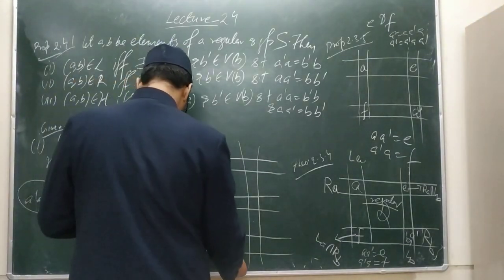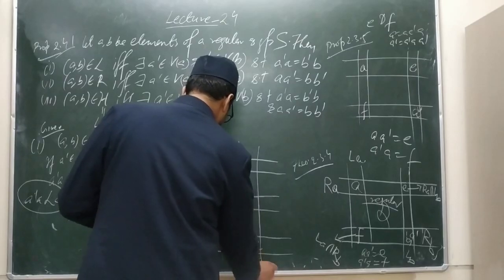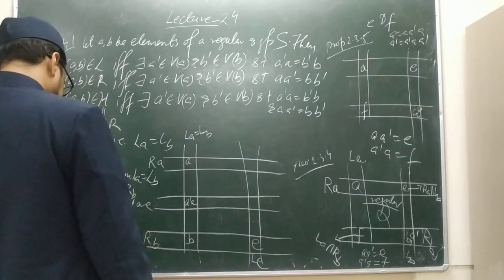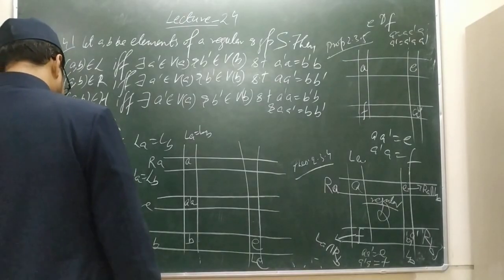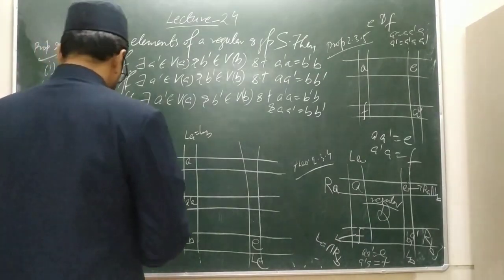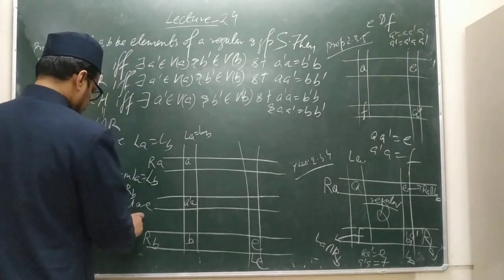For example, if it contains an idempotent like here, E, then it is LE. Correct?